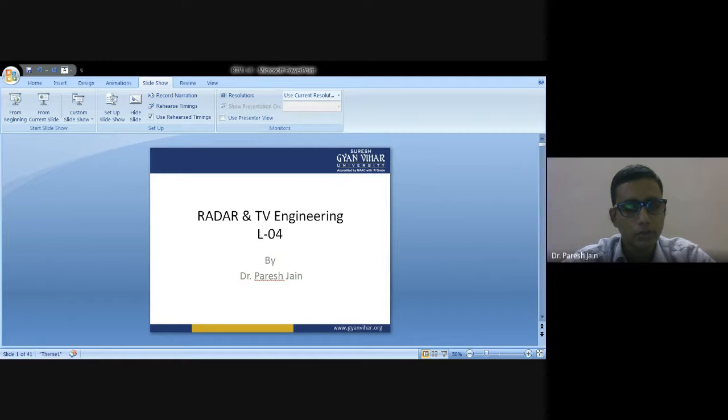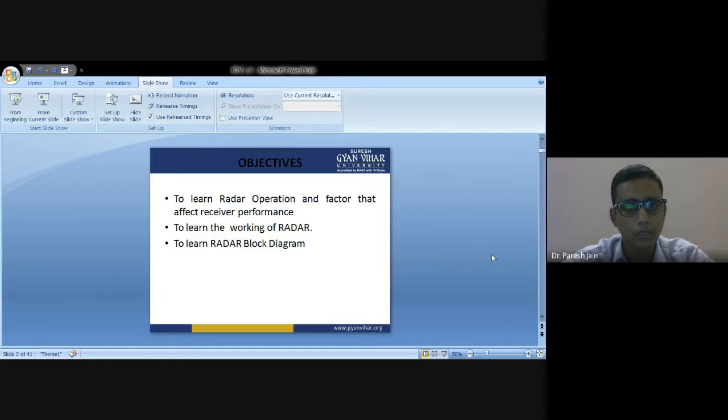So today we are going to start a new topic, that is the radar block diagram and operation of radar.